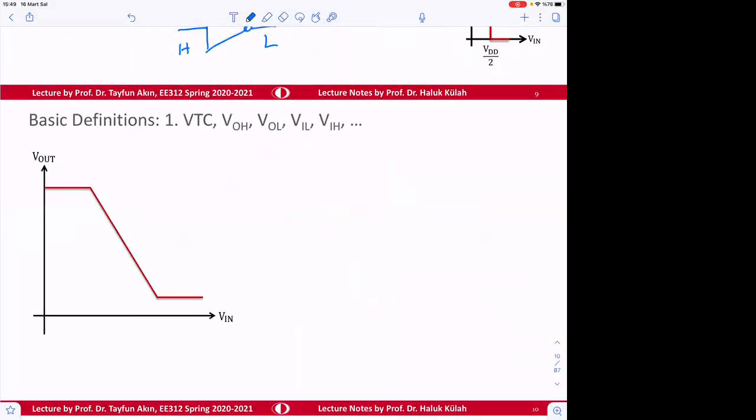So in general, the response of an inverter is like this. So we call this thing voltage transfer curve or characteristic.